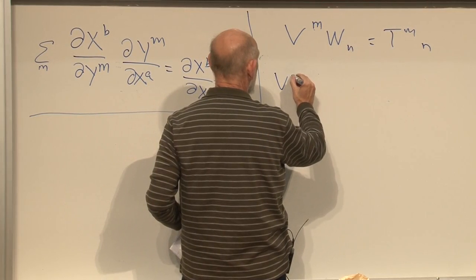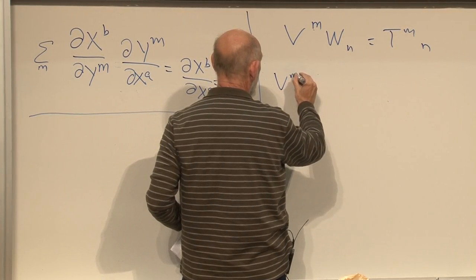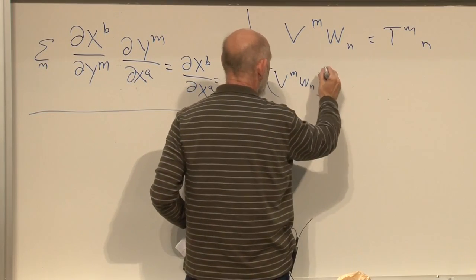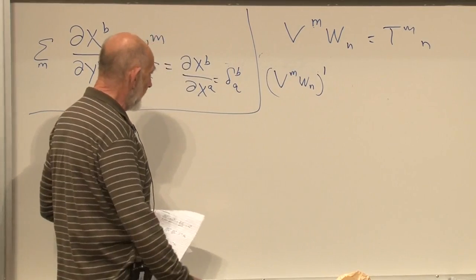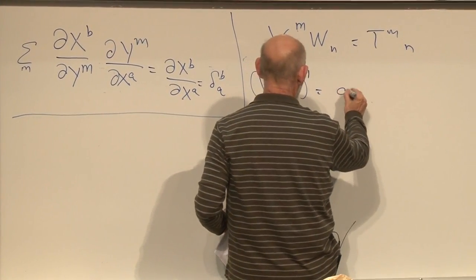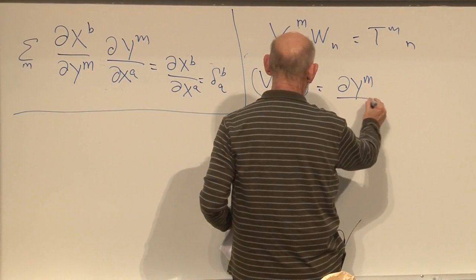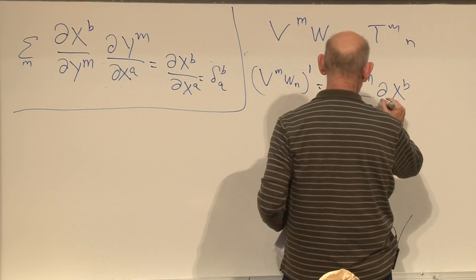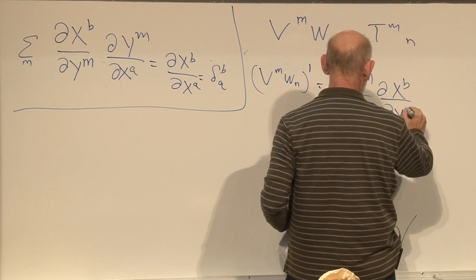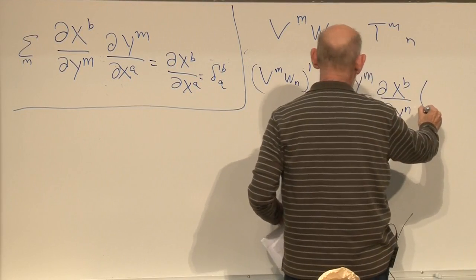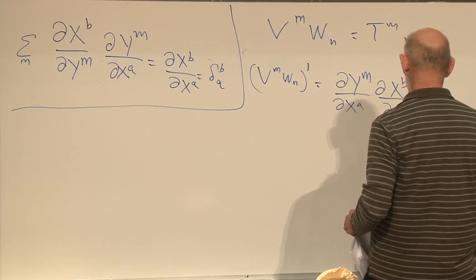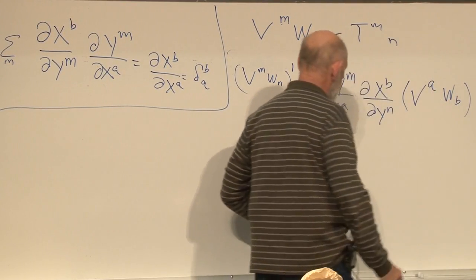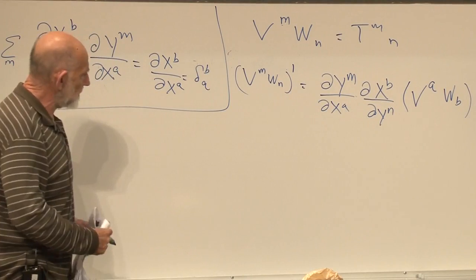V^M W_N, the primed version of it, is dy^M by dx^A, dx^B by dy^N, times V^A W_B. Let's check and see if this equation makes sense.